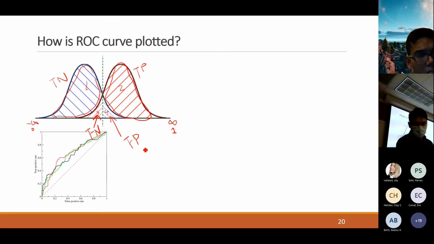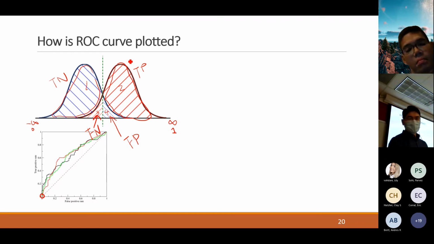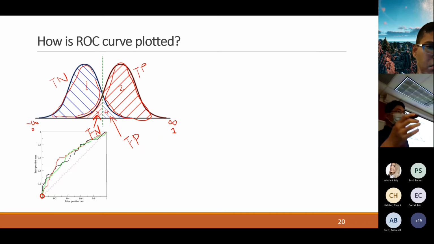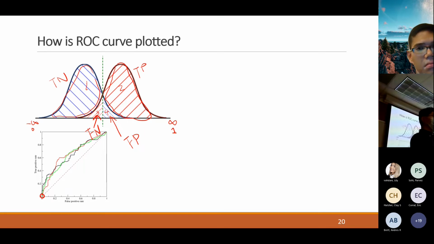So different points on this line are like artificially adjusting the decision thresholds, calculating the performance of the model, and plotting the line. That's how this graph is basically made. Because when you have a model, the model has a set value of recall and specificity, right?